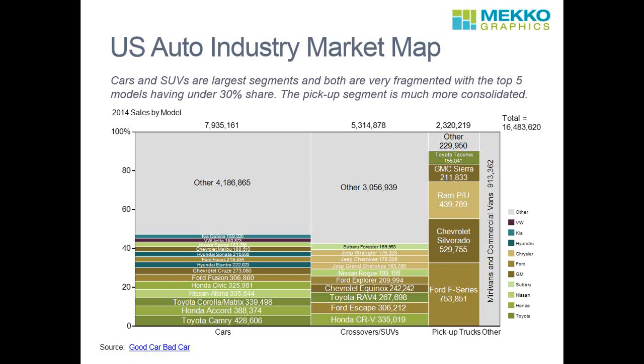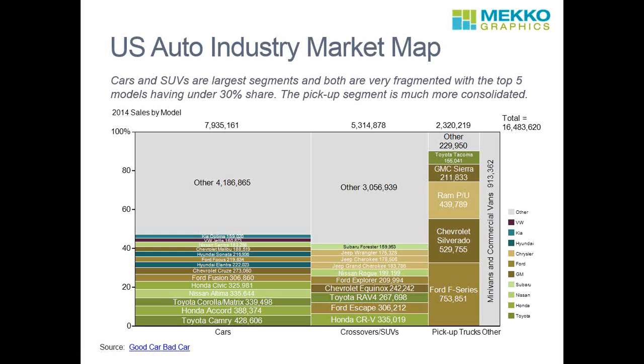So here you can see real differences in market segments in the auto industry across the cars, crossovers, and pickup trucks. And you can see I used the legend to highlight the manufacturers, and I had to customize the legend fairly extensively, using the colors in the legend to differentiate among the individual manufacturers and the countries in which the manufacturers operated.